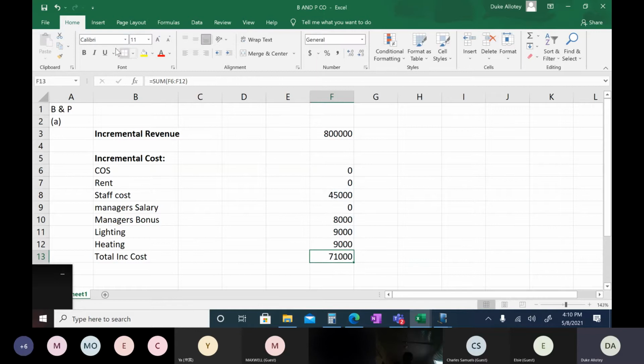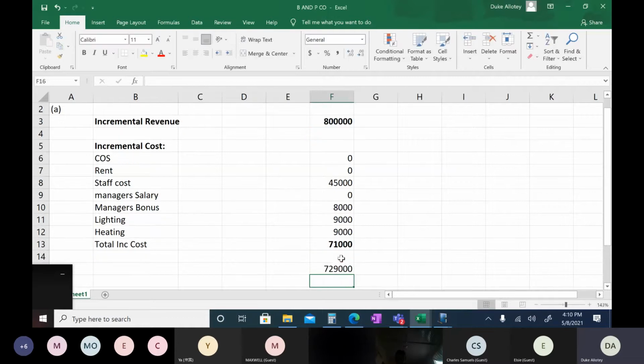I have not worked out the cost of this yet. I am very much aware I have not worked that out yet. So at the moment, the difference between incremental revenue and incremental cost will be this, take away that figure. Anytime I work out my cost of sales, this will come out beautifully.